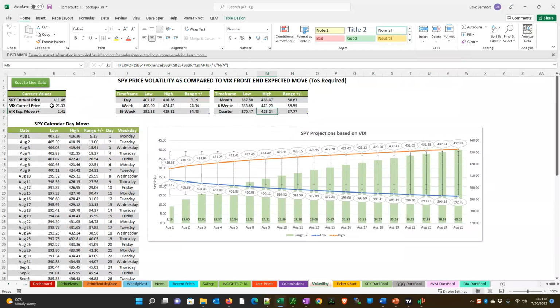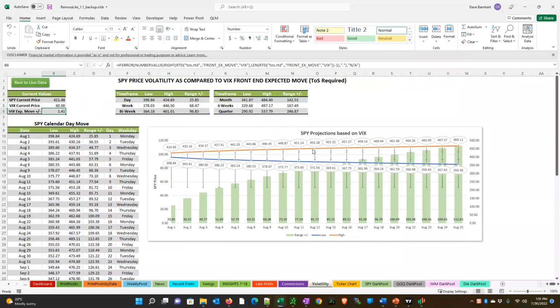The other thing, too, is you can change the VIX current price. So look at this. 919 is the range. But let's say the VIX went to 60. Then the possible range of the SPY is 25 points in a day.